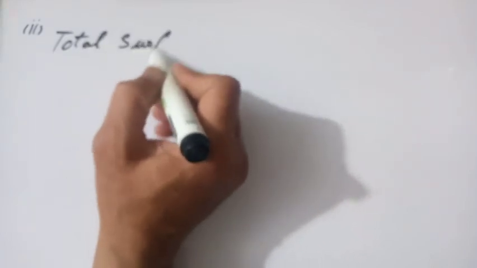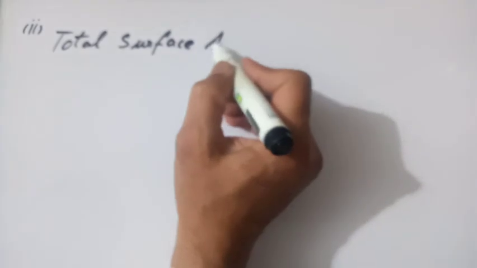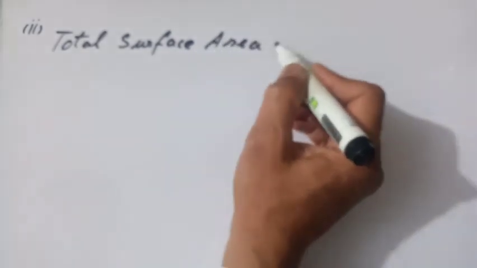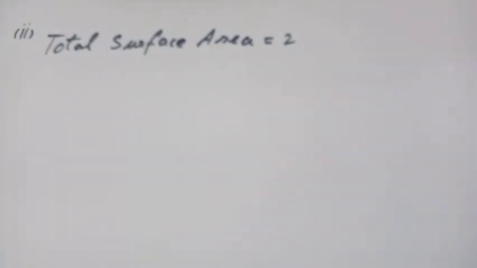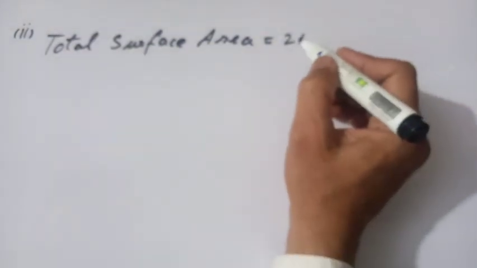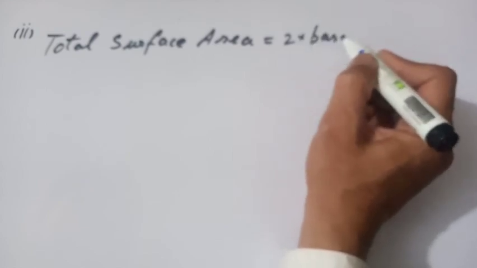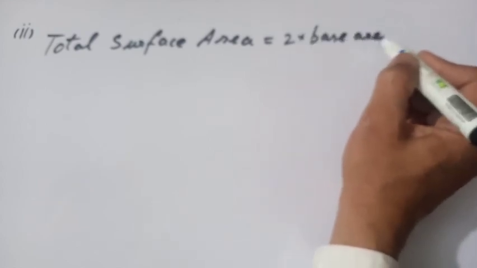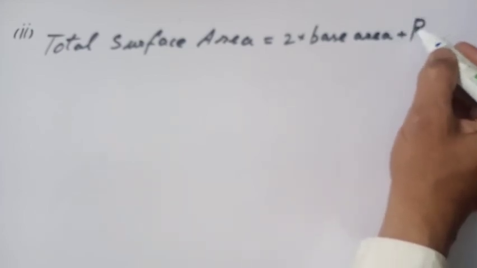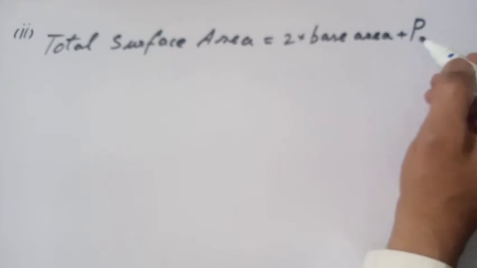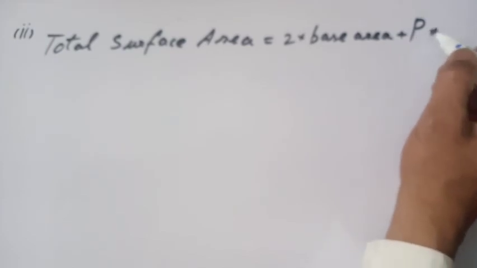Total surface area it will be equal to double of the base area plus perimeter of the base multiplied by height of the prism.